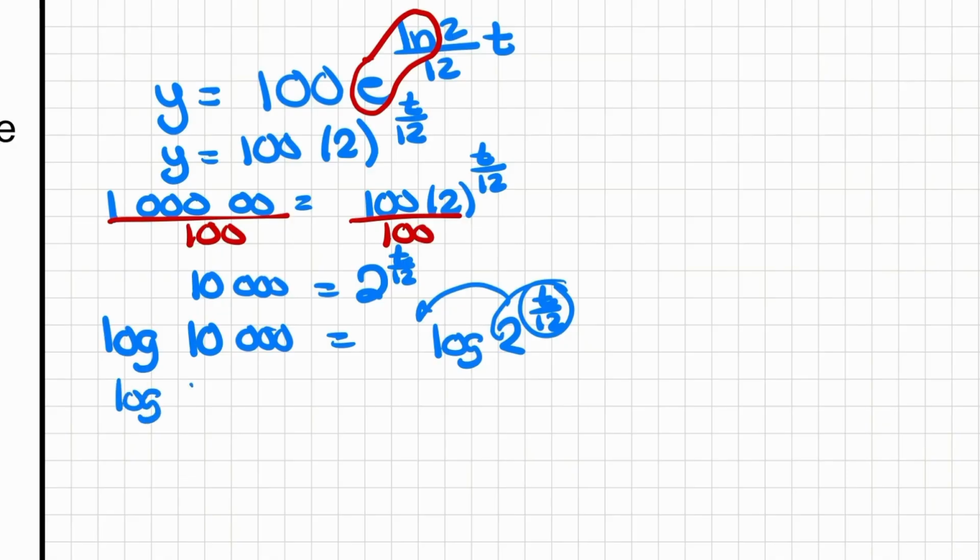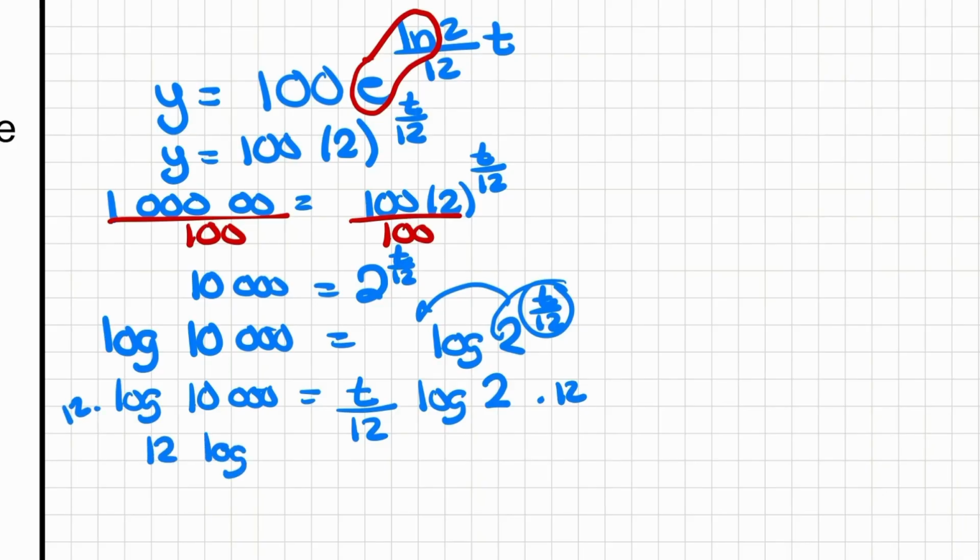So log 10,000 is equal to t over 12 log of 2. We're going to multiply both sides by 12 to get rid of that 12 on the bottom. So we end up with 12 times log of 10,000 equals t log of 2.